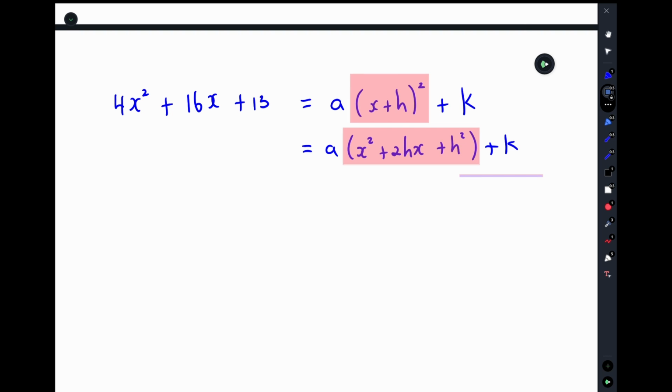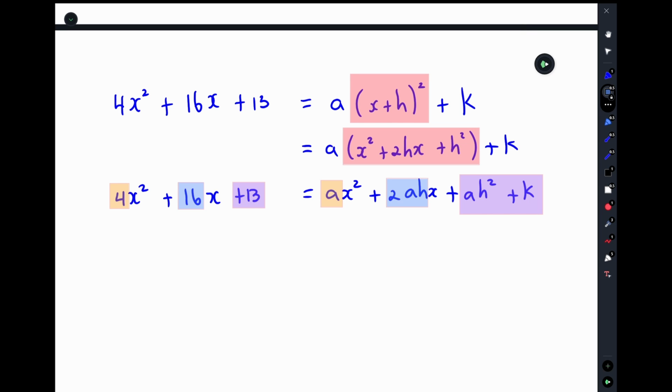When we expand it, we get x squared plus 2hx plus h squared. Now we need to multiply each of these terms by the coefficient a. When we do that, we end up with ax squared plus 2ahx plus ah squared plus k.